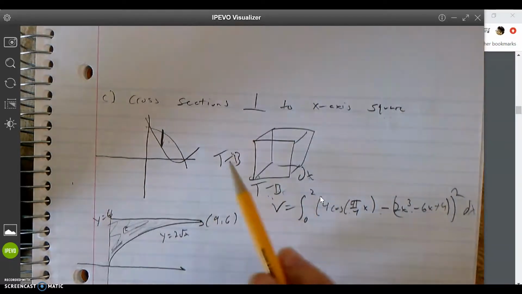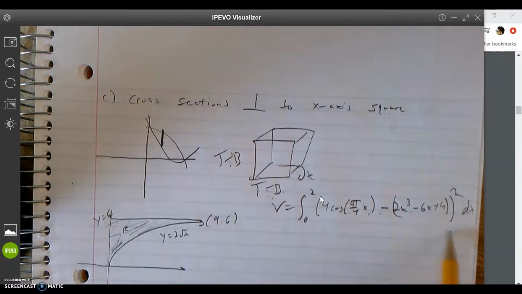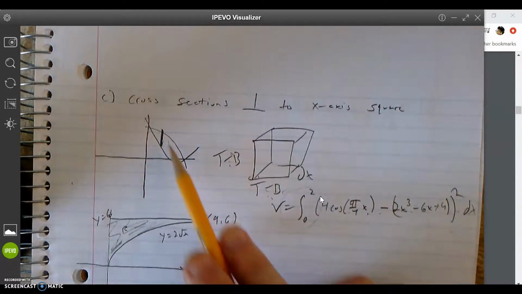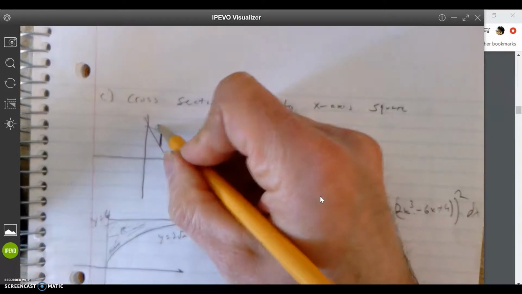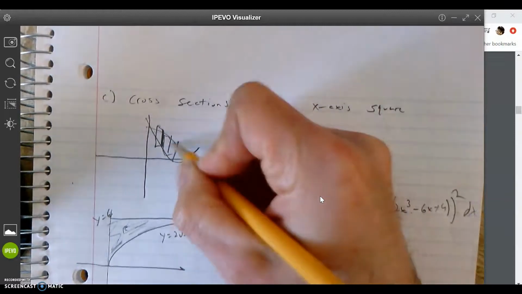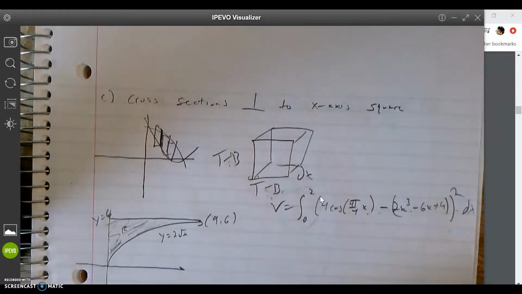Got it. So this times this is squared times dx, and then that is one slice. And this integral says all of the slices between here and here. You got all those squares sticking up like that. Cool. Put a check if you got it. If not, write it down.